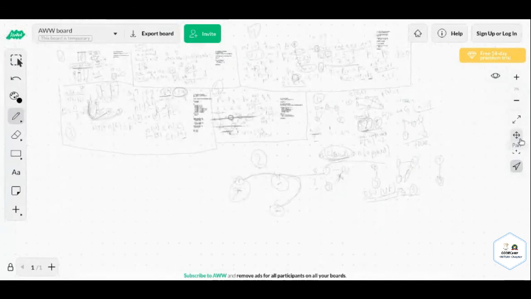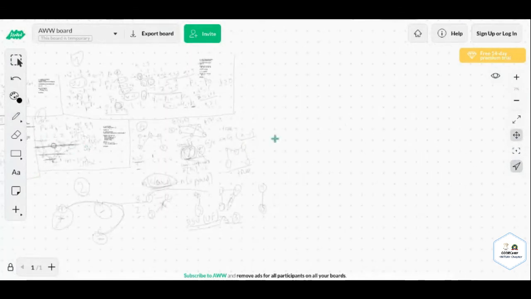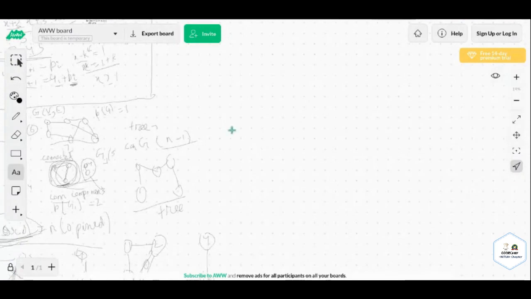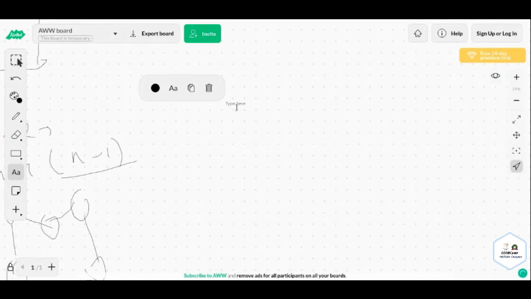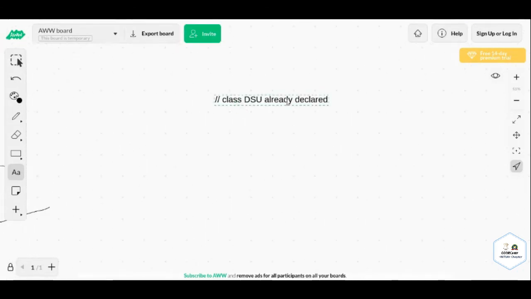So we can write code for this now. I'm not implementing the code for DSU. Let's say we have already declared a class for DSU. We have n equal to the number of nodes, so we initialize our DSU with the number of nodes, n.